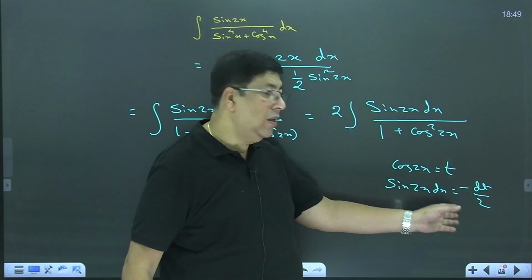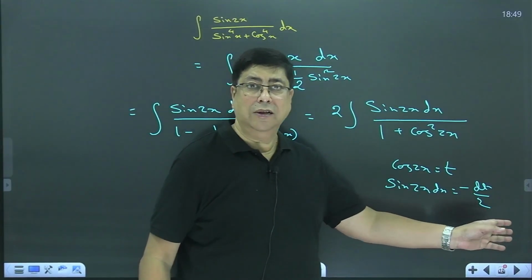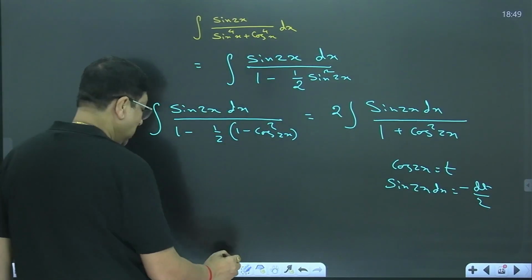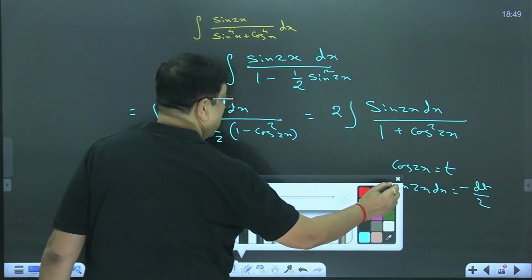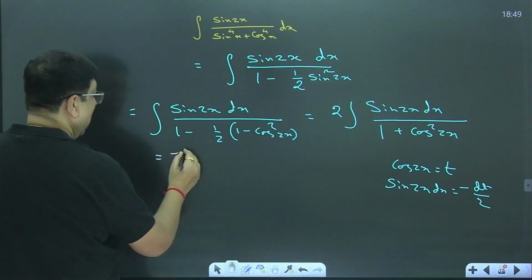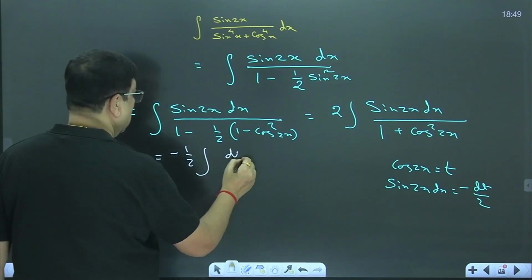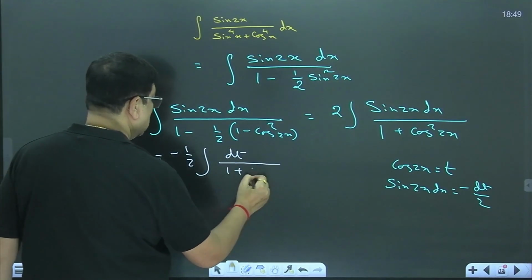So I am taking minus 2 to the right hand side. Therefore sine 2x dx is replaced in terms of minus half dt by 1 plus t square.